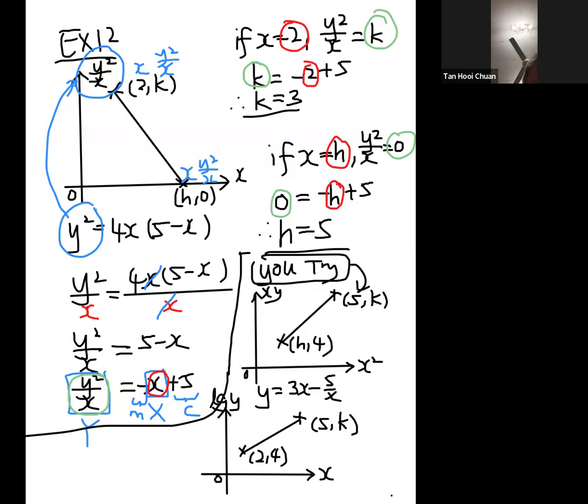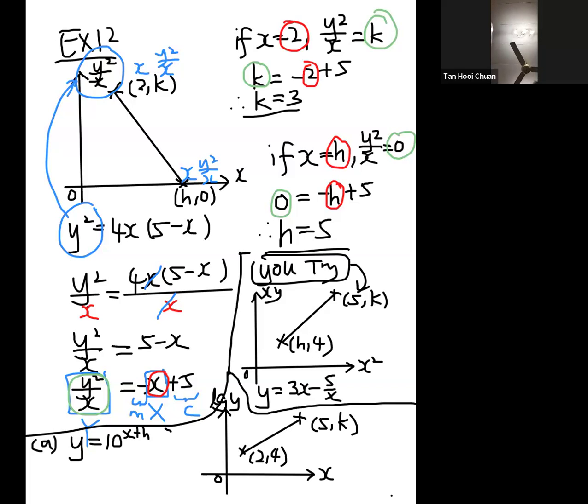So the equation is y equal to, this is one question, this is another question. Y equal to 10x plus h. Okay. And then they want you to convert into linear form.